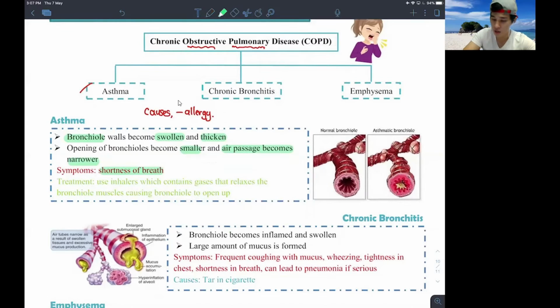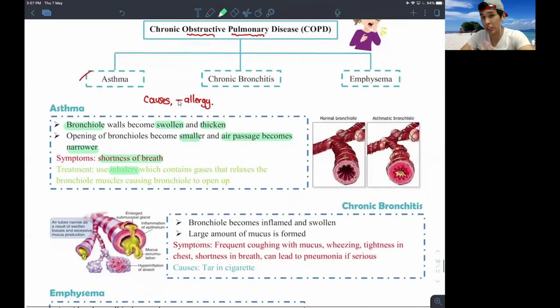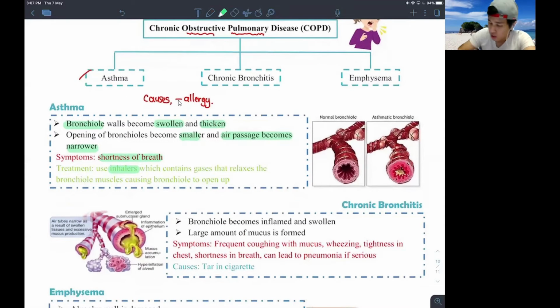They pump the inhaler, and the gas relaxes the bronchial muscles. Since the muscles are contracted and swollen, the gas causes them to relax and open back up, and that's why they can breathe normally again.